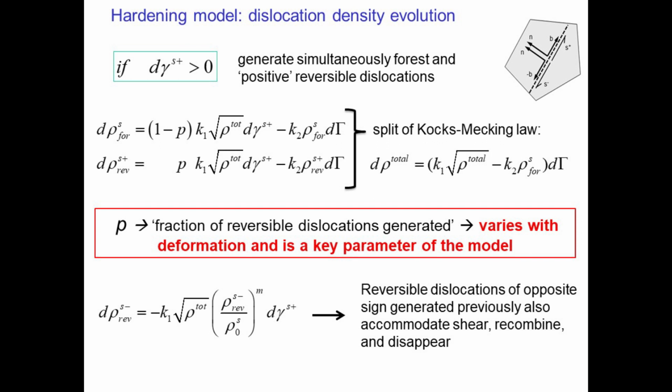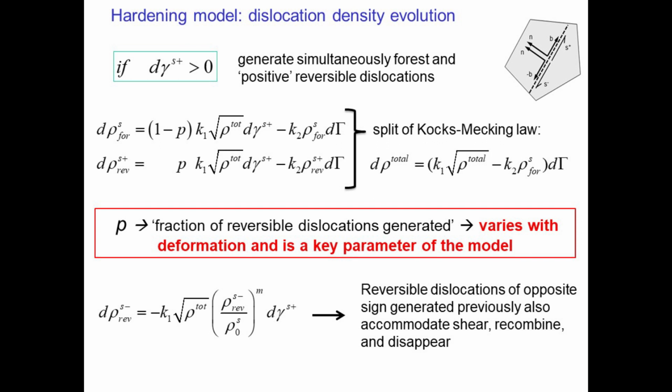In a way, what this term is doing is saying, if I want to accommodate shear in this direction, but I already have dislocations that were generated by shear in the opposite direction, then I'm going to recombine them. So I'm going to use them up.